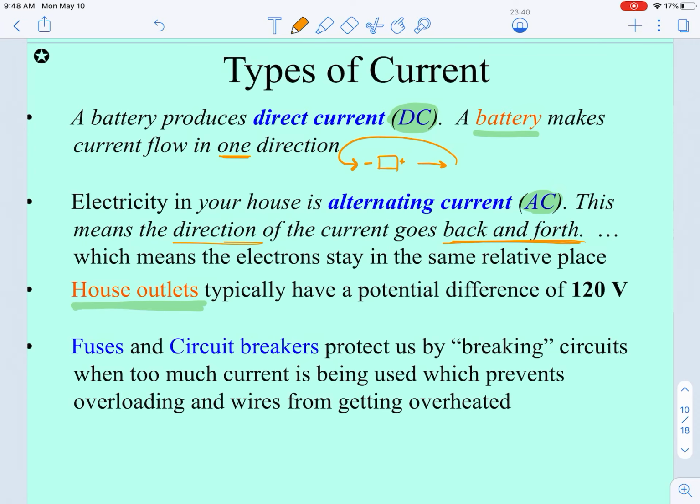It actually experiences a change in the location of the positive end compared to the negative end in the wall itself. So we call it an alternating current because it is going to switch where the positive and negative side is located. And so that's going to cause the electric current.